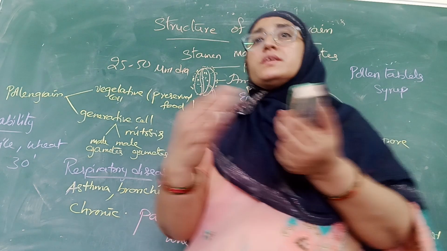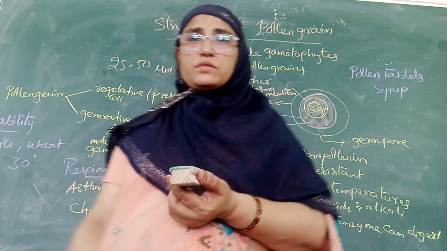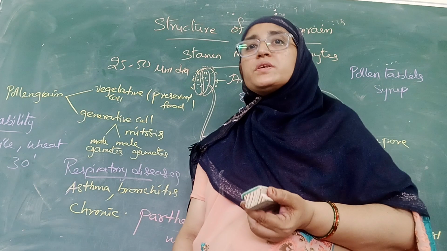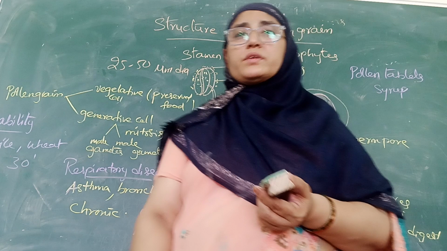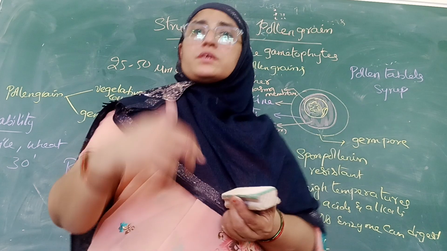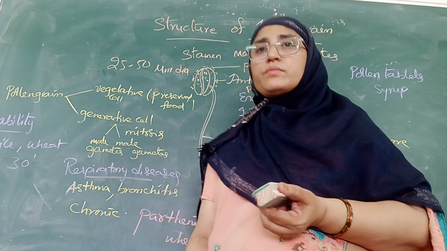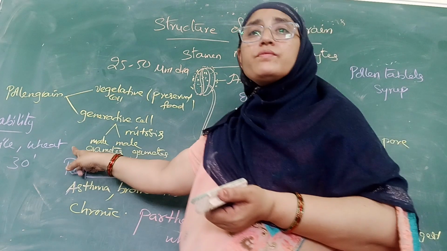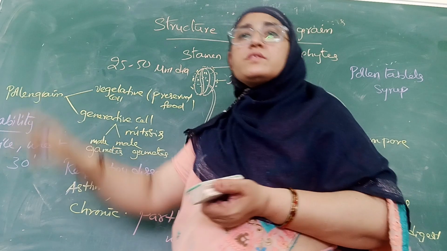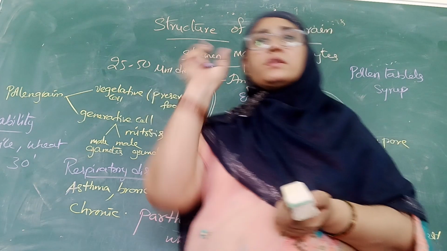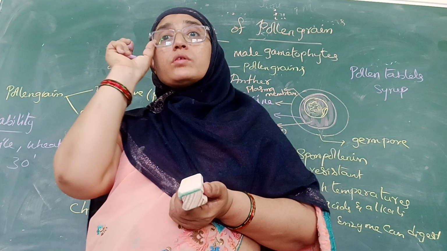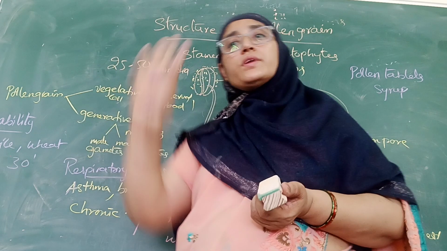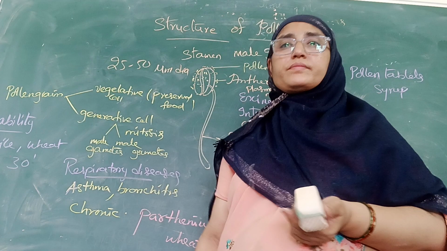So this viability, the ability of the pollen grain to germinate and perform fertilization, varies from species to species. In case of rice and wheat it is 30 minutes, whereas in some other species it may last for a long period, that is for months.